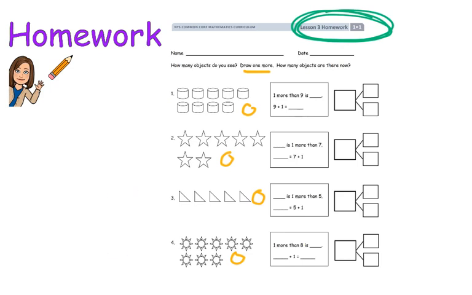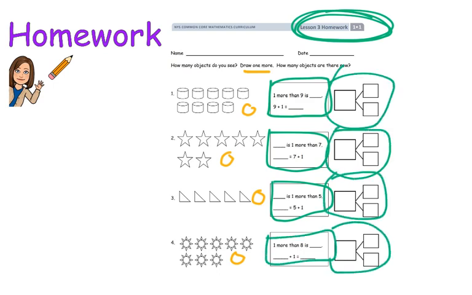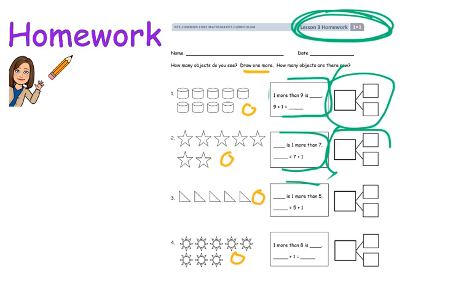Then you're going to fill in the sentence and the equation, and then you're going to fill in the number bond. Now, before I have you start, I'm just going to remind you of how our number bonds are.